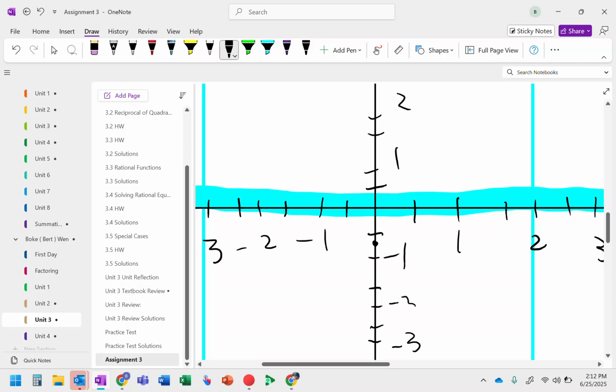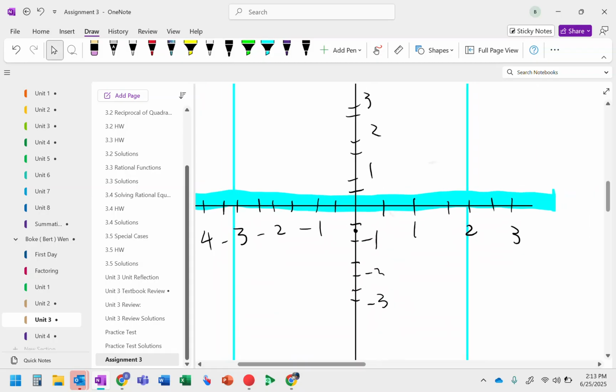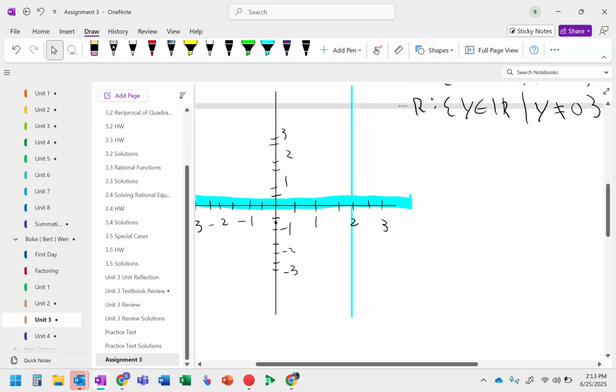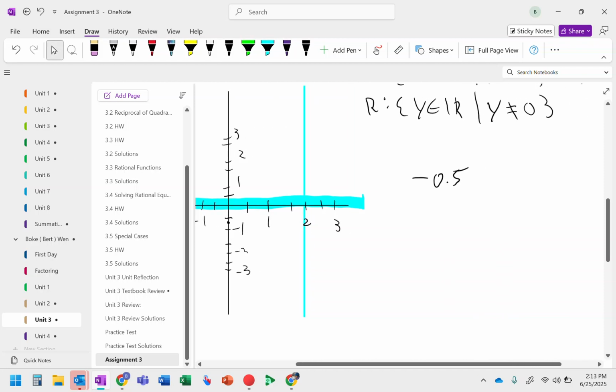And next we're going to find the local max. As you can see, we have -3 and 2. So the number in between that would be -0.5, and that would be the x value for our local max.